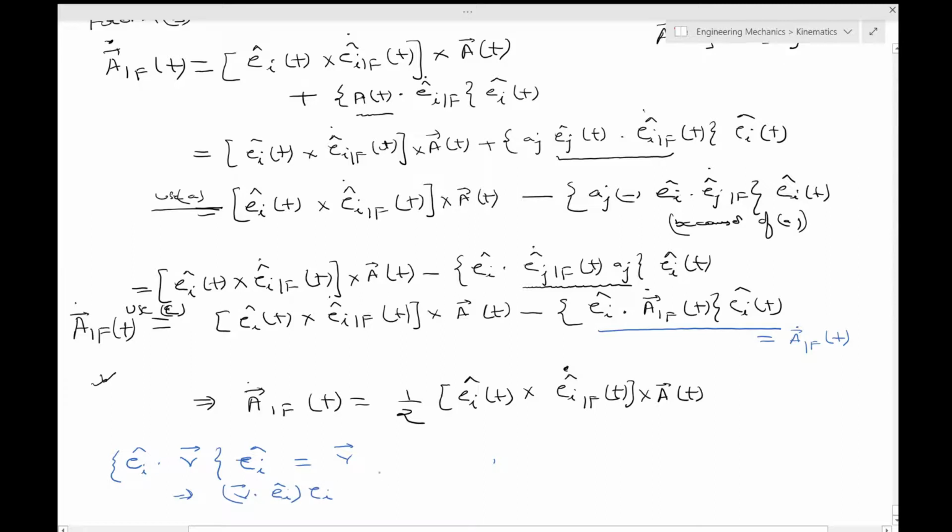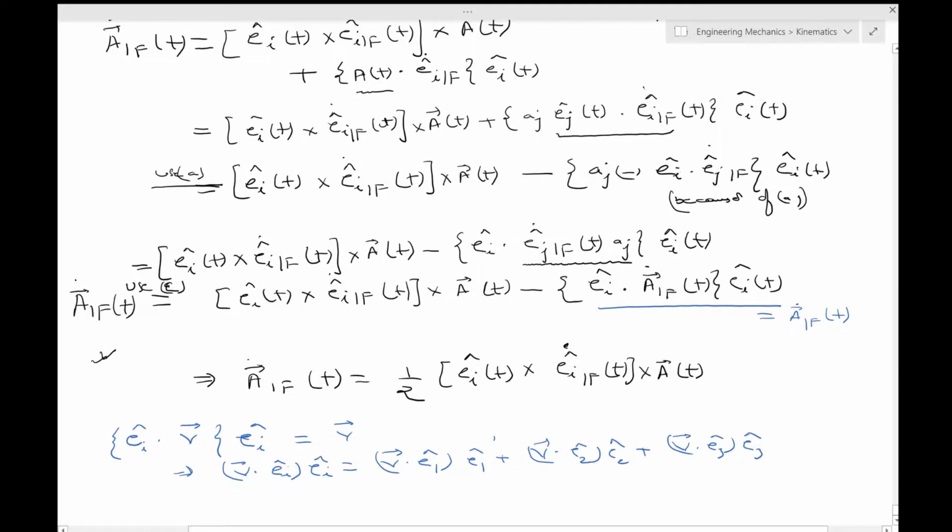This will be equal to V dot e1 hat e1 plus V dot e2 hat e2 plus V dot e3 hat e3. Okay.